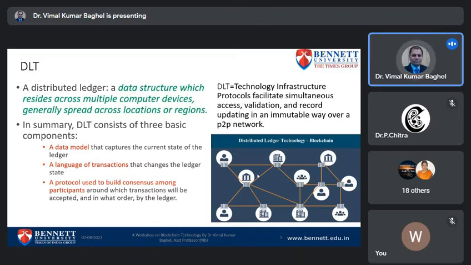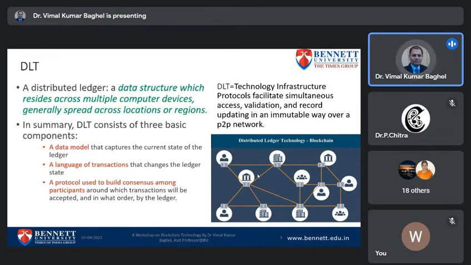multiple computing devices. These computing devices are your mobile devices, your laptops, your PCs, your desktops, everything. And these devices are generally spread across geographies and geographical regions, right?